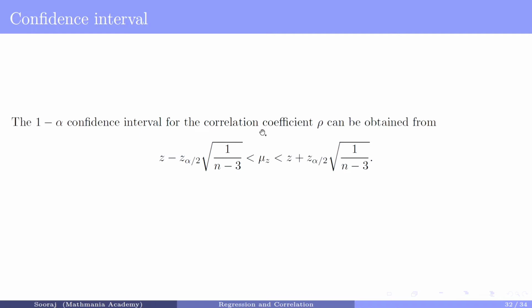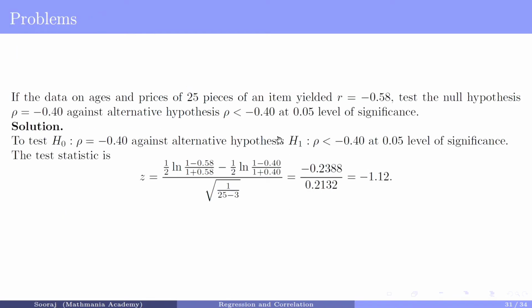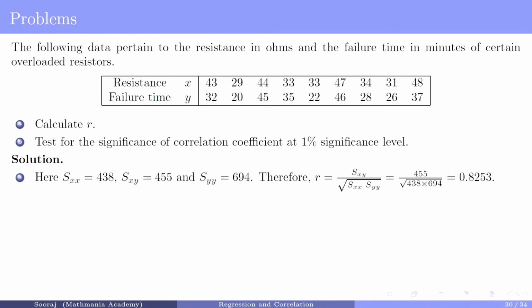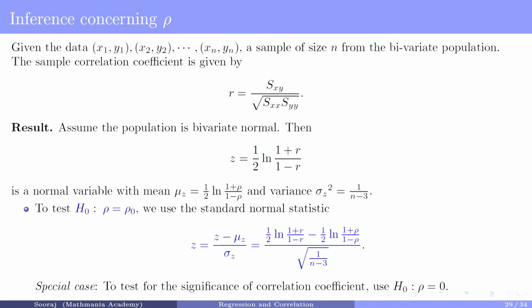Whenever we have hypothesis testing, a confidence interval can also be found. Here the confidence interval for the correlation coefficient is found using this. We calculate z alpha from the table. Whenever the absolute value of z is smaller than z alpha upon 2, or z alpha if it is one-tailed, we accept.